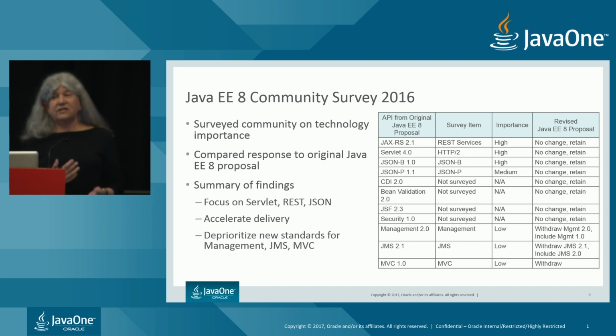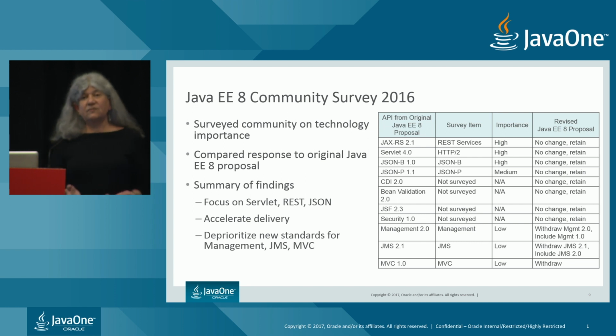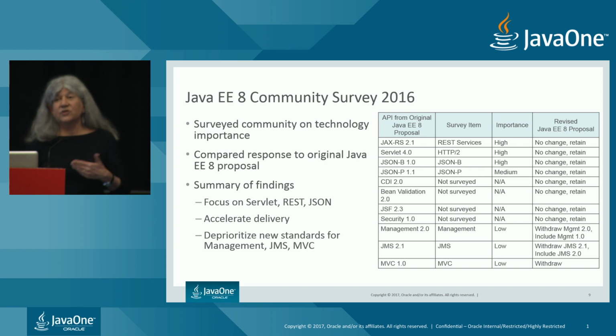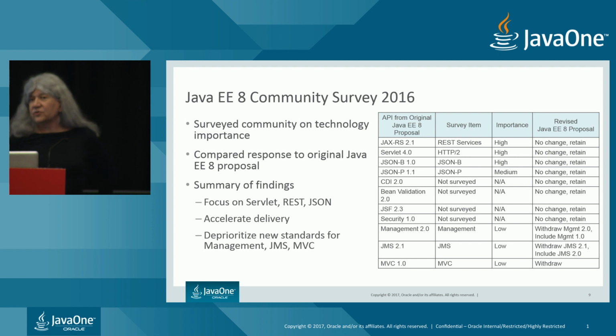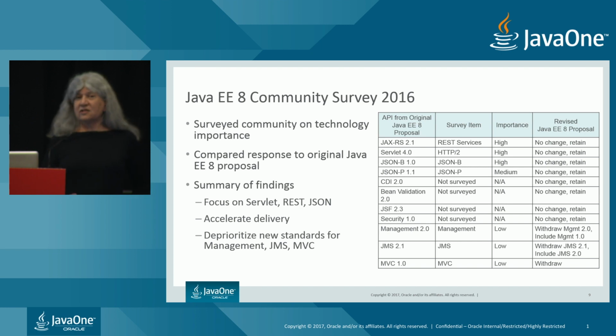We thought that we should focus on web tier technologies, modernizing for the web tier, and that other areas like JMS, which was a relatively mature technology, are less important for cloud environments. The management API that we wanted to address, again, the existing management API, well, this would have been a good modernization of it, was not heavily used, so we said, okay, maybe we don't want to prioritize there. And MVC, which was a new JSR. A lot of applications in the cloud, of course, ship headless, so MVC seemed to be less of a priority for us.